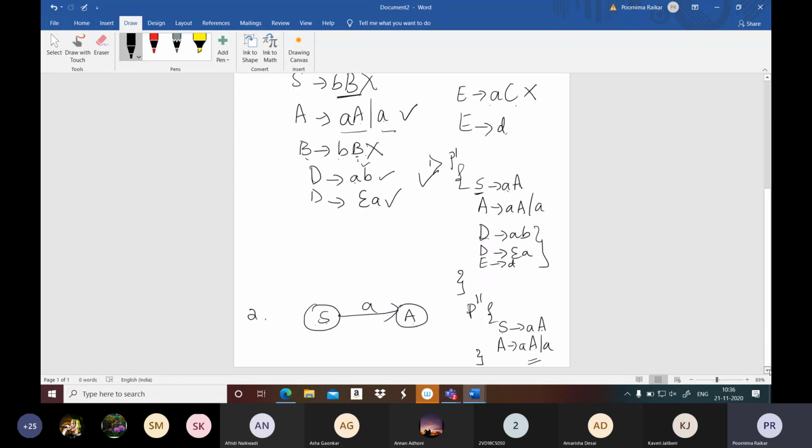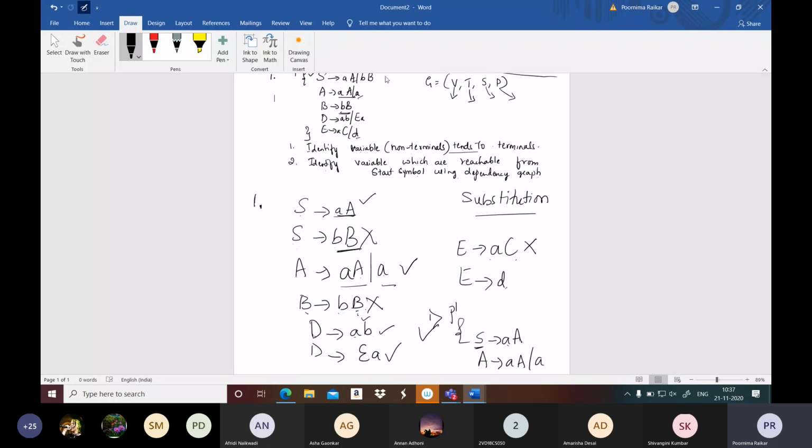Second step, by using the dependency graph, I see S is reachable to A, but S is not reachable to D and E. That means finally my production rules are only these two rules. All these other rules are useless. In this big grammar, only these are useful.